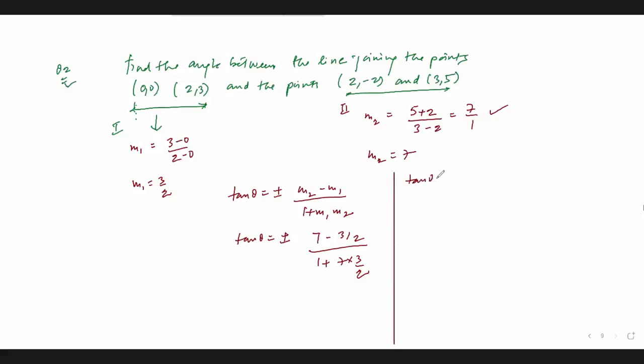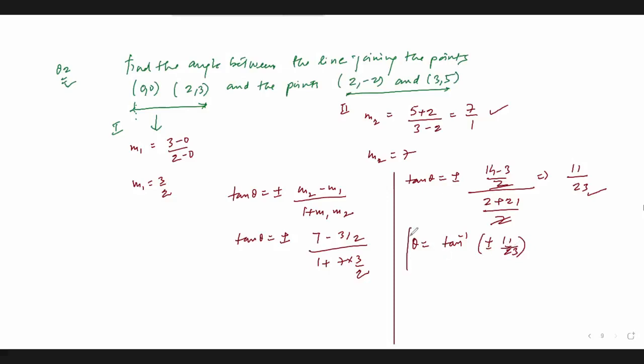Tan theta is equal to plus minus, by taking an LCM, (14 minus 3) divided by 2 over (2 plus 21) divided by 2. So what am I getting here? 11 divided by 23. So what will be my theta? Theta will be equal to tan inverse of plus minus 11 by 23. So this is my required angle.